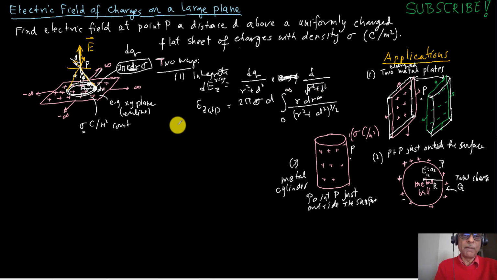And so the E at P will be EZ, this thing I found, times k hat. So that will be the answer.